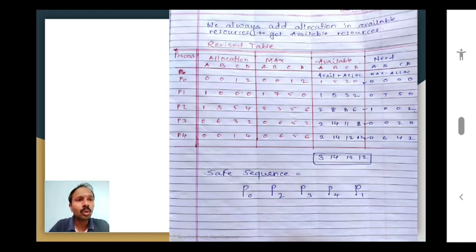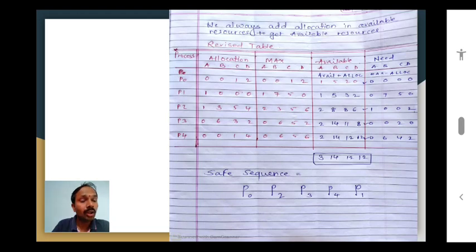Now let us come to P1. So for P1, I have 0750, right? Now if I compare this with 1520, 7 is greater than 5, and even 5 is greater than 2.